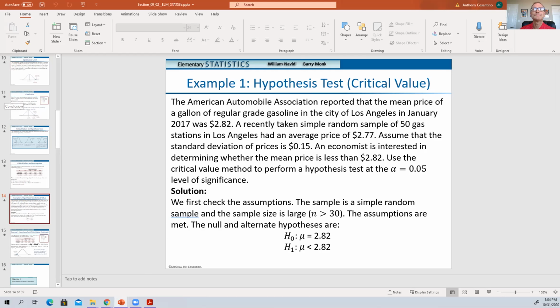And so when we set this up, what do we know? Again, let me do this one on the whiteboard. So we are given the following. We have 50 from our sample. We're given this standard deviation of 15 cents.